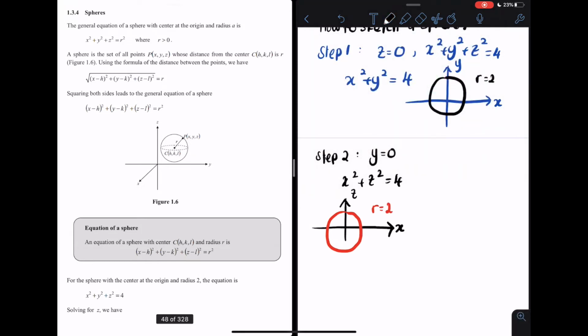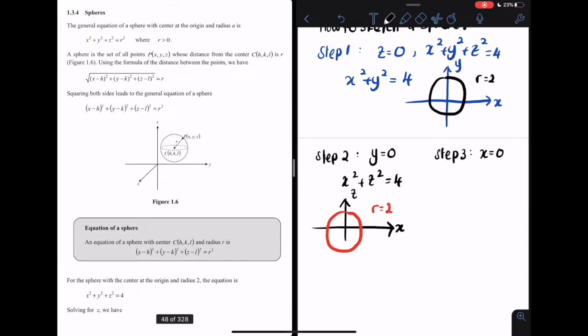So let's move to the last step, which is to observe your surface from 3D at the x direction. So you will let x be equal to 0, and your surface from 3D will be mapped onto the zy plane.